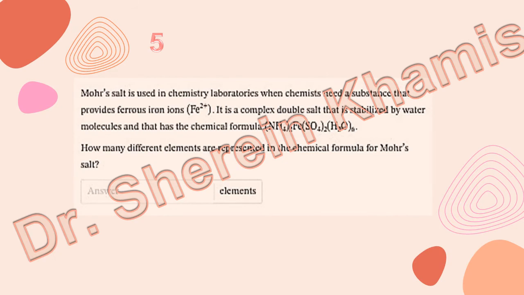Okay, question 5 says that more salt is used in chemistry laboratories, when chemists need a substance that provides ferrous iron ions. Ferrous is divalent, Fe plus 2.